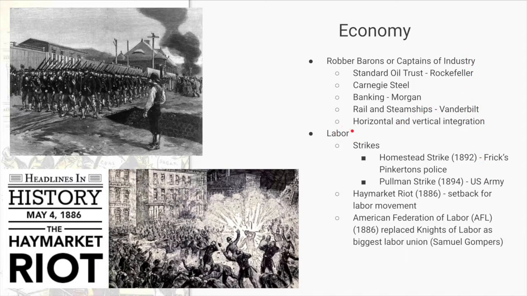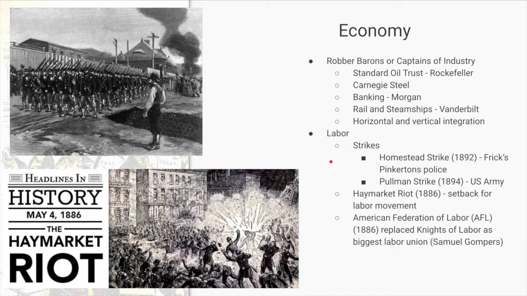Now, horizontal integration, Rockefeller's a good example of this. He is going to buy up all the oil companies, and so he's owning every single oil company, and he can set the prices at whatever he wants. Okay, so he owns all the production in one step, which is oil distribution.